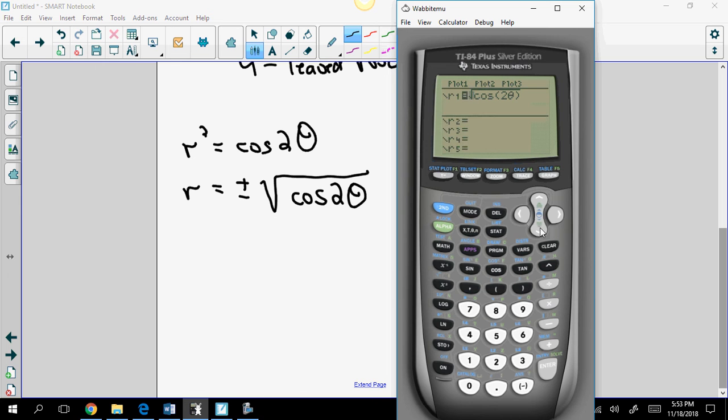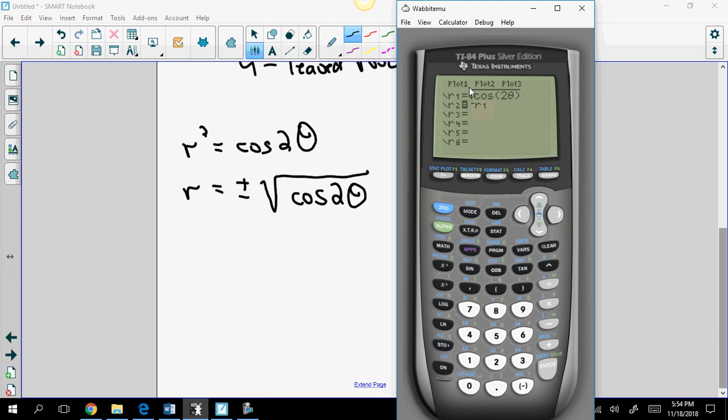Let's shut this off. This will be fun. Watch this. Vars, Y-vars, polar, r1. I wanted to go a negative Vars, Y-vars function. Oops. Clear, Vars, Y-vars, polar, r1.